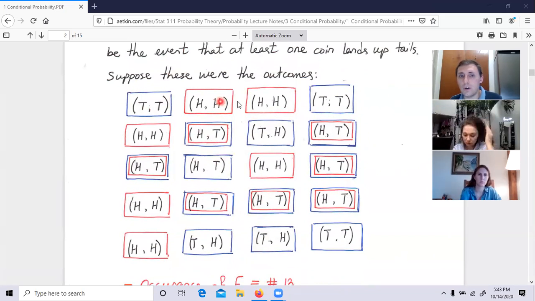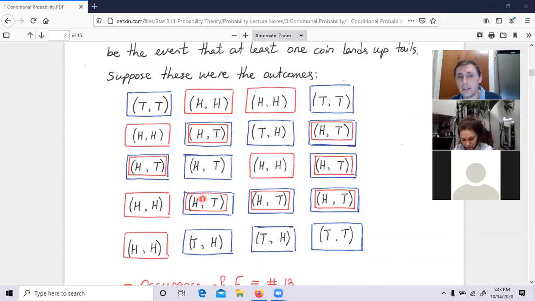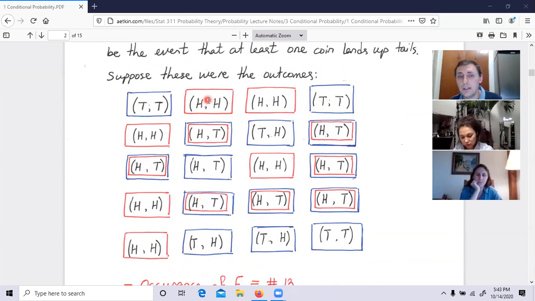Everything in a red box is the event E: the first coin is heads, the first coin is heads, the first coin is heads. But if I am interested in the frequency of E within F, I delete everything that's not F, so everything that doesn't have a blue rectangle is deleted. Some of the deleted terms are actually outcomes in E that do not match with outcomes in F. So far makes sense, guys?